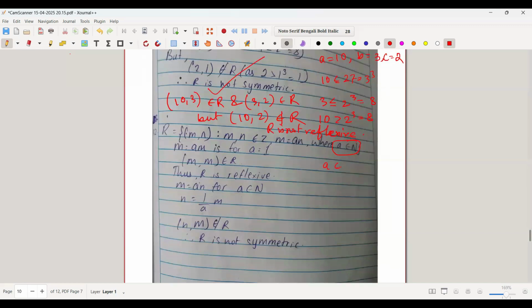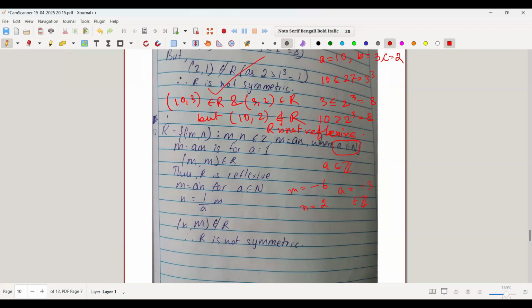How do you define it like this? If m equal to -6 and n equal to 2, then this a is -3, which is not a natural number, which belongs to Z. This a should belong to Z also.